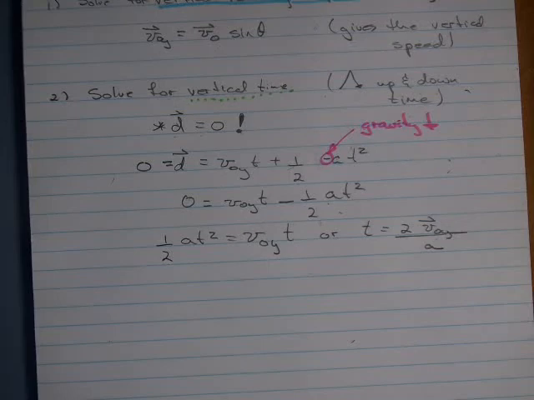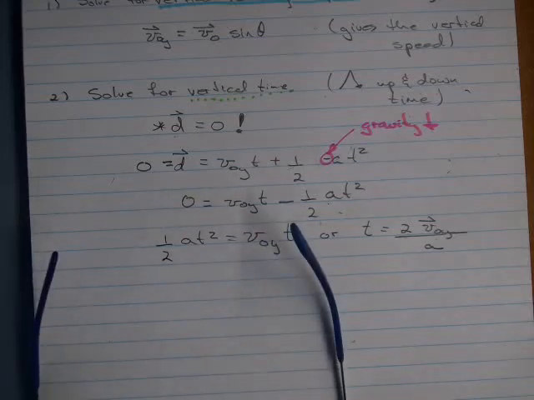For example, if you drop a ball off the top of a building, then there is no upward motion. If you were asked to solve for t, for time, and you had acceleration as a negative value, you'll get a negative time.